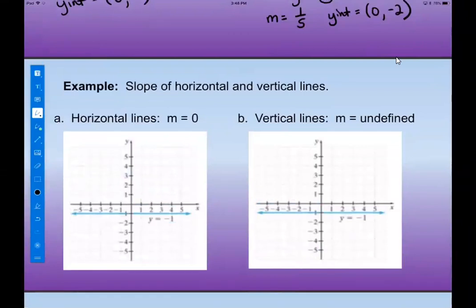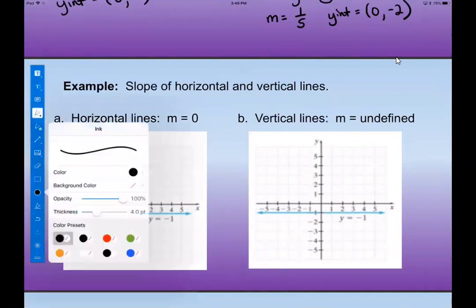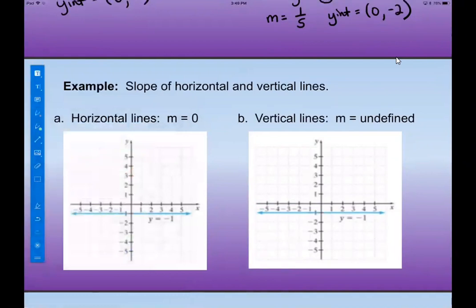So, slope of horizontal and vertical lines. Horizontal lines, their slopes are 0. To show this, let's use that formula, rise over run. I'm just going to pick 2 points on this line.